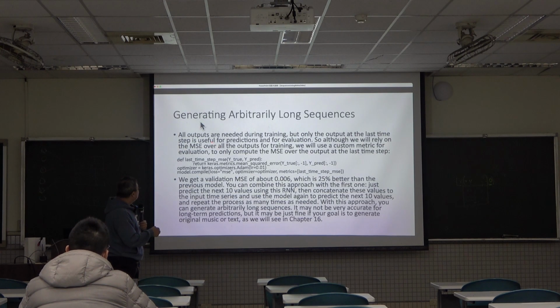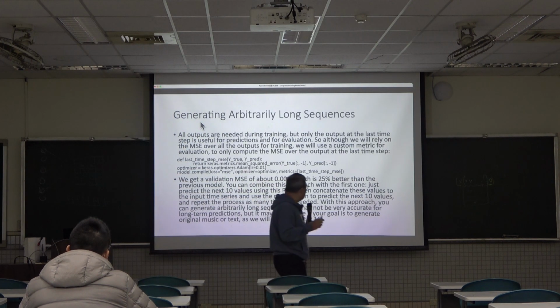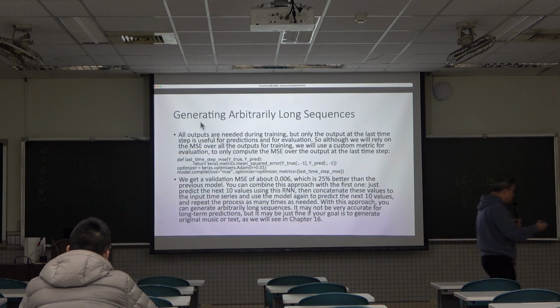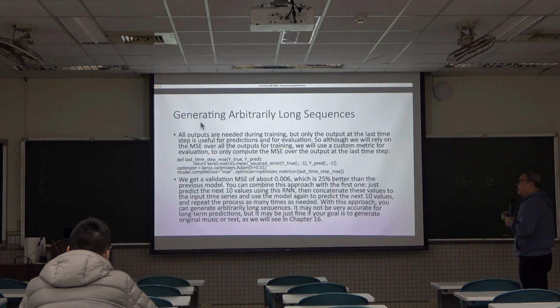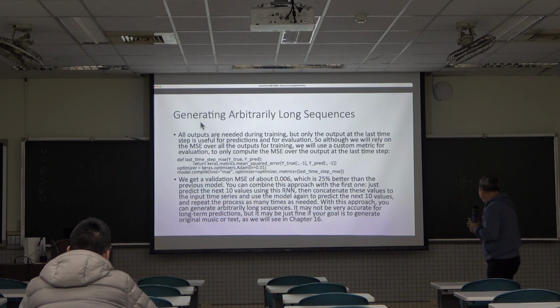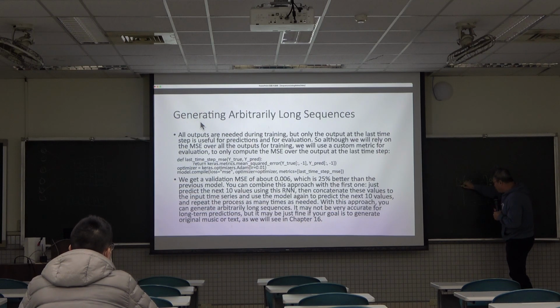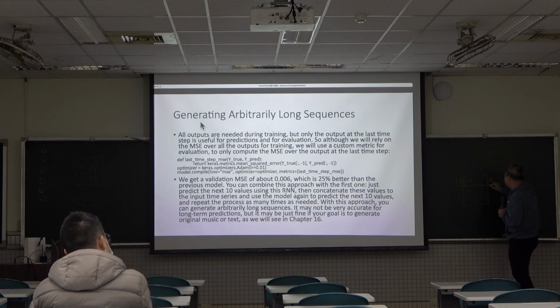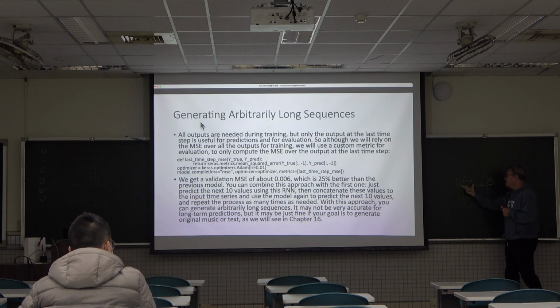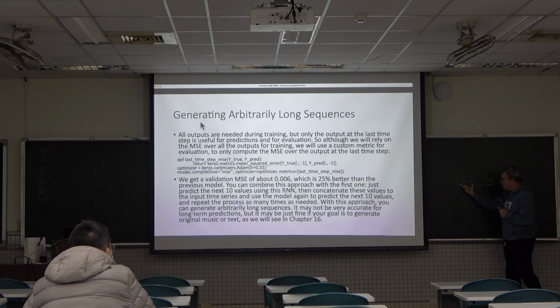And then there's one small tiny detail that we need to be careful about. We train it, everything looks just right, but there's one thing. Remember, every time we use the first 10 and we predict the next, the window shifts by one element, we predict that, and so on.